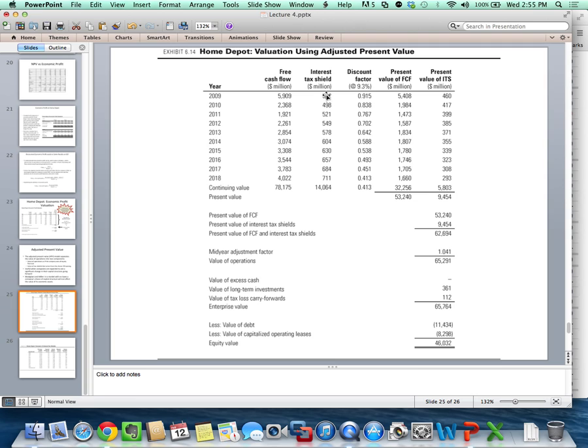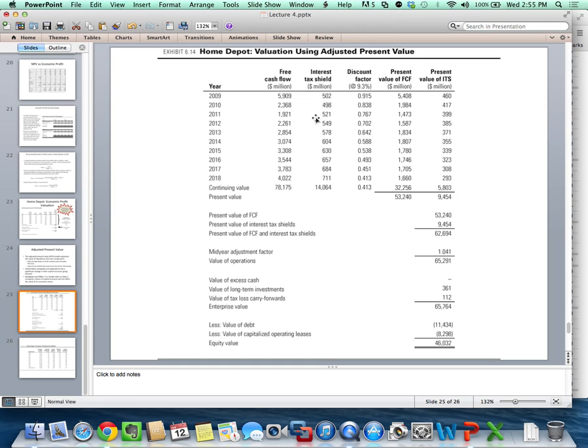In addition, I forecast what's called the interest tax yield. The interest tax yield is the interest expense the company pays times the tax rate, because that is the tax deductibility of what the company would not have to pay in taxes because they can deduct interest as a cost of doing business. So interest expense times tax rate equals interest tax yield. So I forecast my interest expense, I forecast my tax rate, I forecast my interest tax yields.